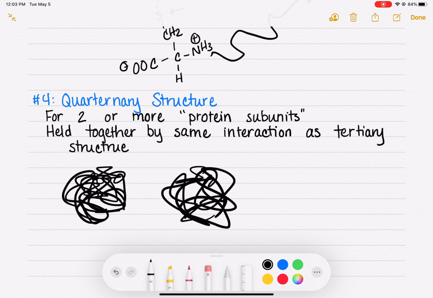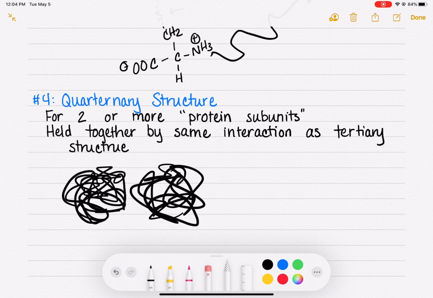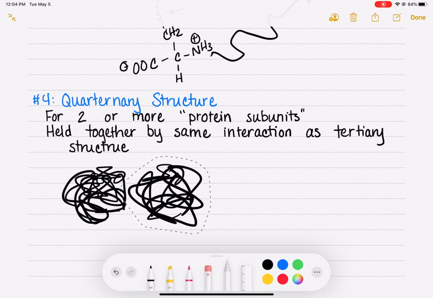There's no connection between them in terms of a primary structure. Their amino acids are not peptide bonded to each other in any way. So these two individual proteins just come close together and cluster together. They don't actually bond, except maybe through a disulfide bridge here and there.